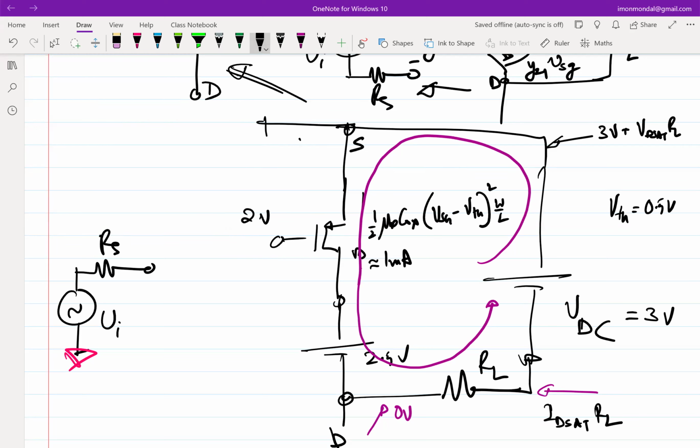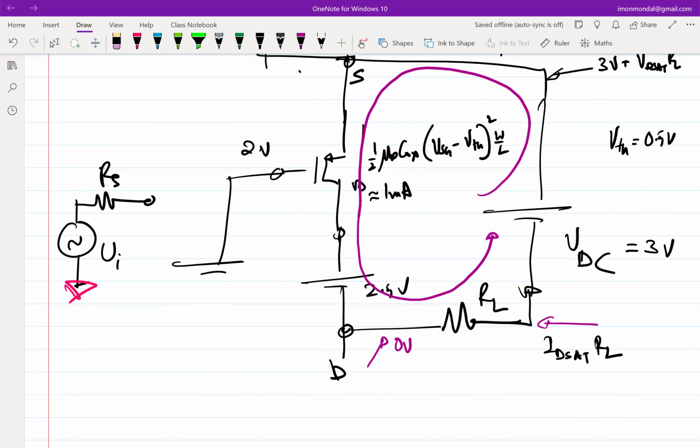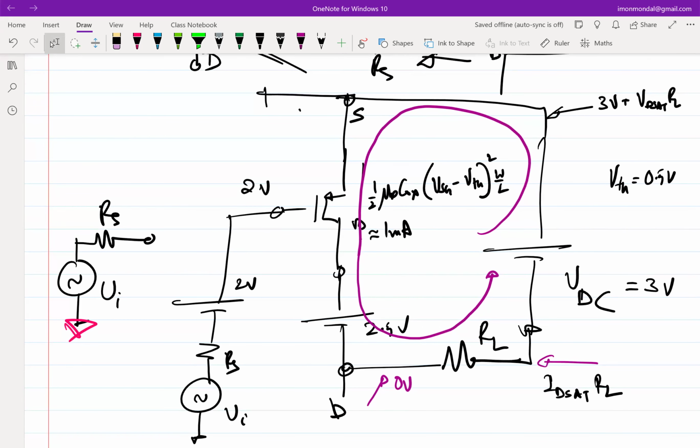If I put a 2 volt battery in series with a ground, I'm not changing anything, right? And let's say for the time being, I use this floating source also. So this becomes 2 volt, this becomes RS. So in principle, I haven't changed anything, right? But this is a more practical way of biasing, or I should say a less impractical way of connecting up a circuit in reality.